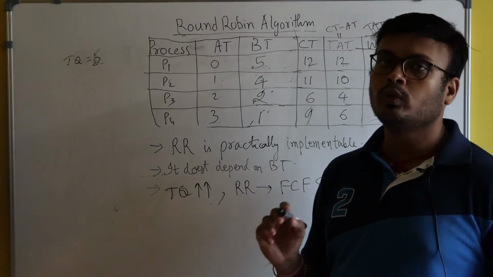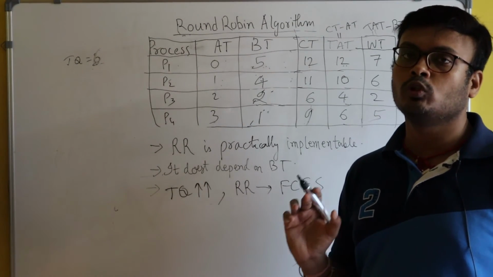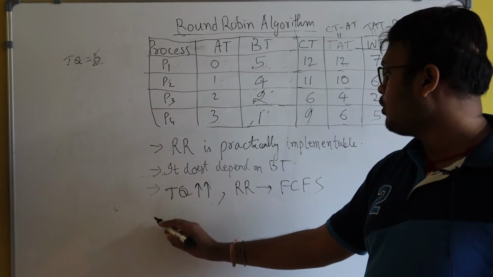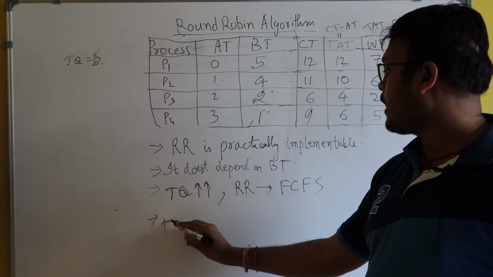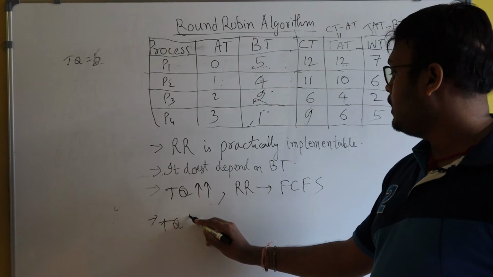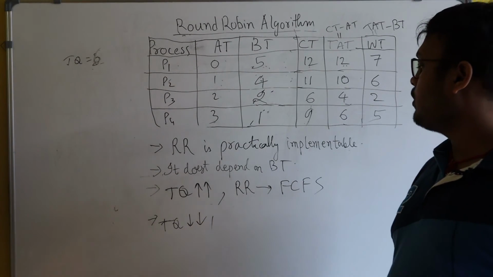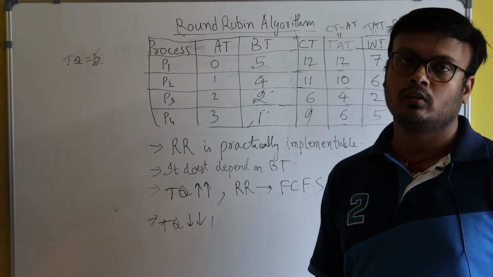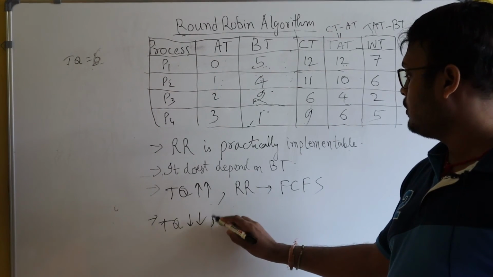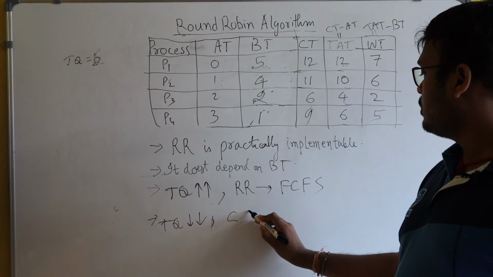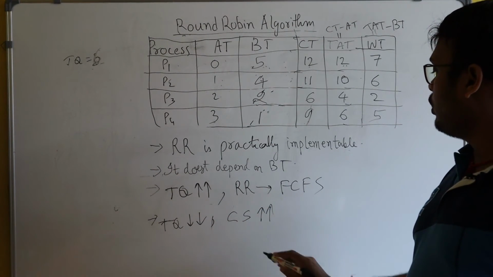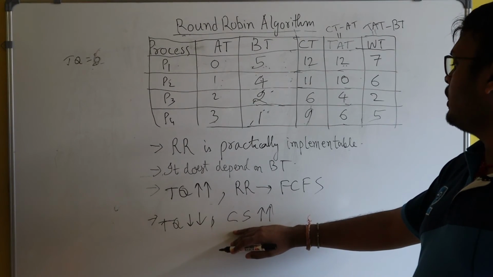So here we should take care that the time quantum should not be very high. And also another problem: if the time quantum is very small, then what's the problem? There will be more context switches, and this is also not desirable.